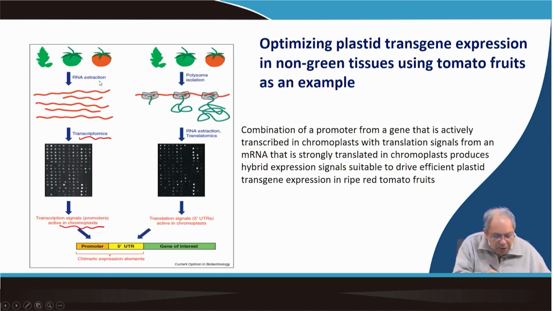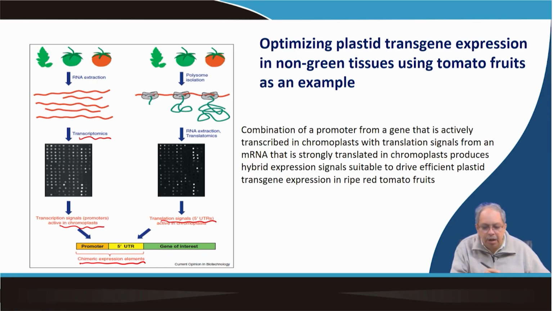That promoter is to be inserted here, and along with that, the polysomes can be isolated and translated, so translatomics can be added. From there, translation 5' UTR signals can be isolated and fused here. As a result, a chimeric expression element, one part from the unripened tissue and one from the ripened tissue, is fused and put upstream of the gene of interest, and that eventually leads to more efficient expression of the genes in the plastid.